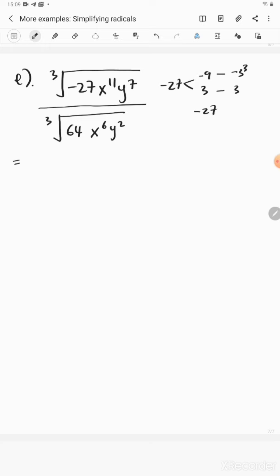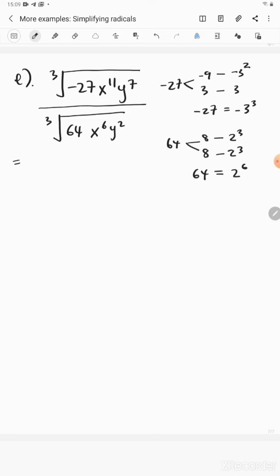So negative 27 is equal to negative 3 power of 3. And 64 is equal to 8 multiplied by 8. We know that 8 is equal to 2 power of 3, therefore 64 is equal to 2 power of 6.